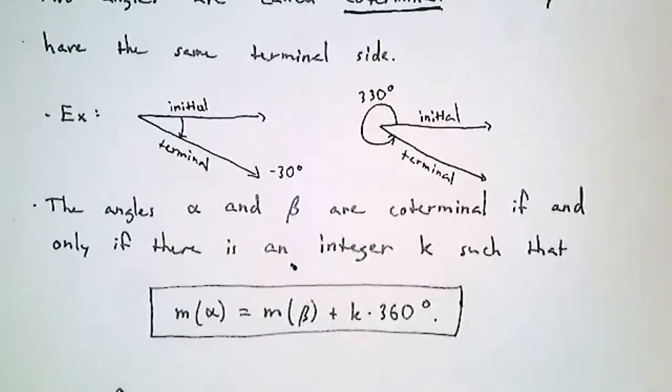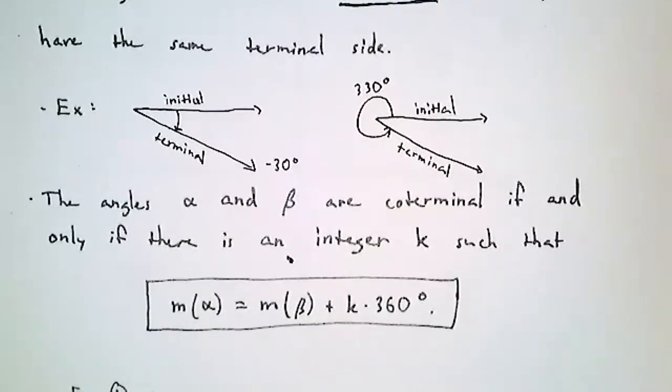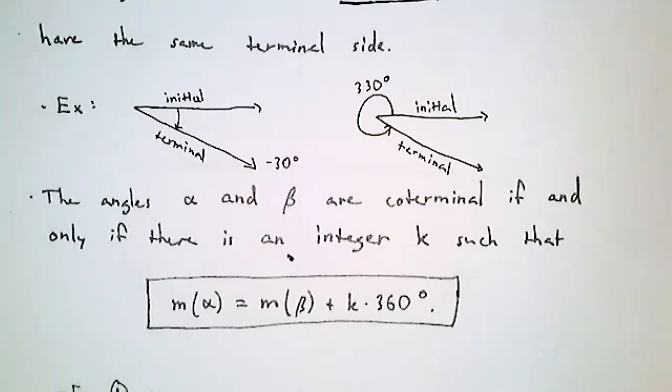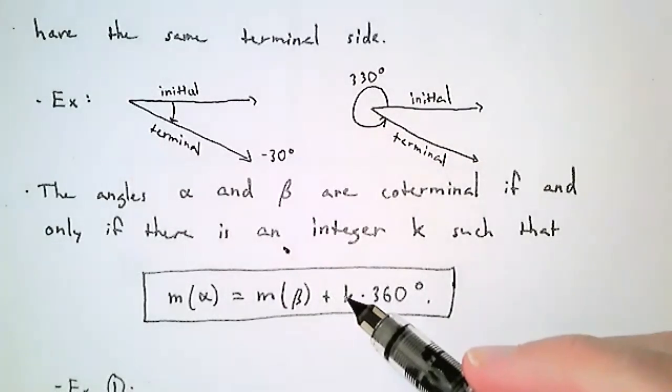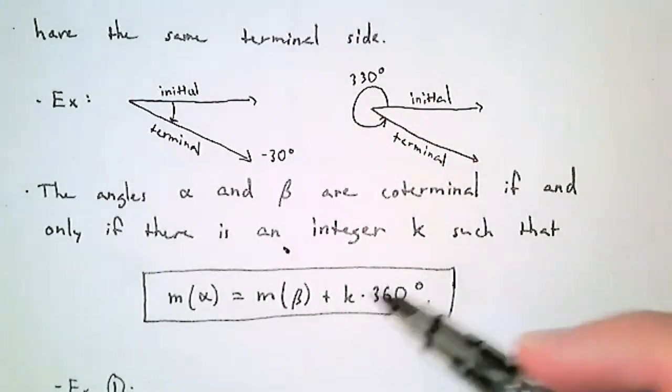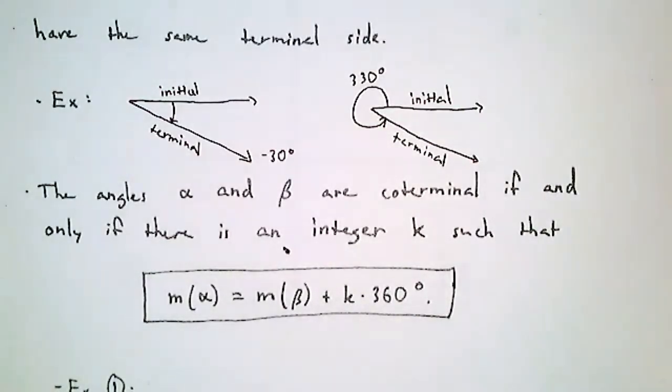And this next statement here that I've written down helps us determine if two angles are going to be coterminal without having to draw a picture and just kind of guess from the picture. This gives us a concrete mathematical algebraic way of thinking about it. So let me just read it for you.